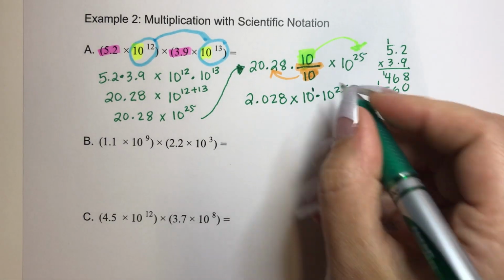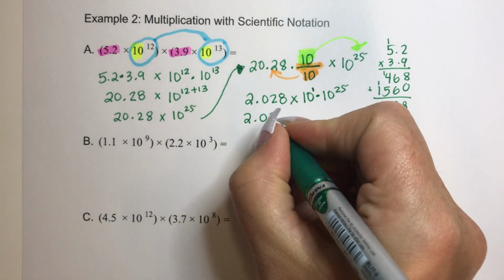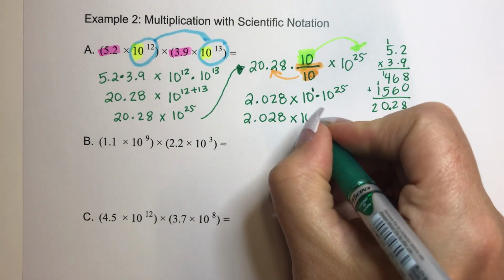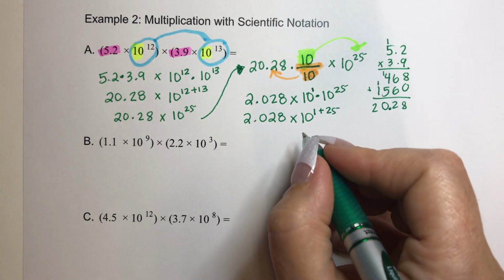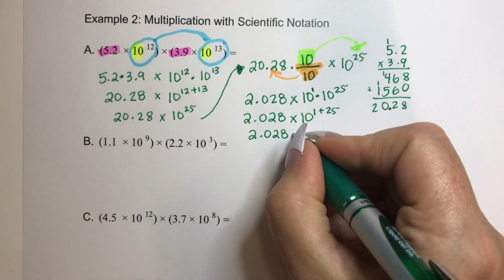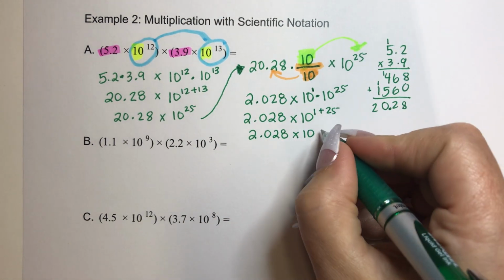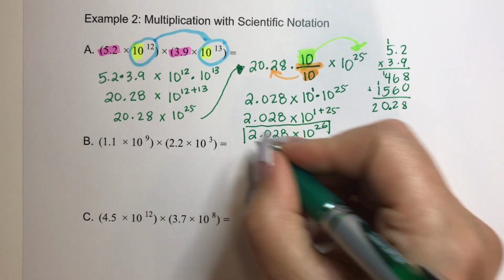And this exponent is a 1, so we can do the product rule. So we have 2.028 times 10 to the 1 plus 25, which is 26. And that is our answer in scientific notation.